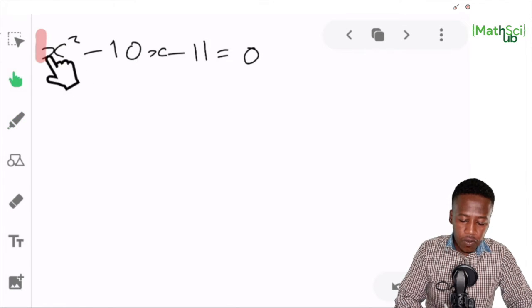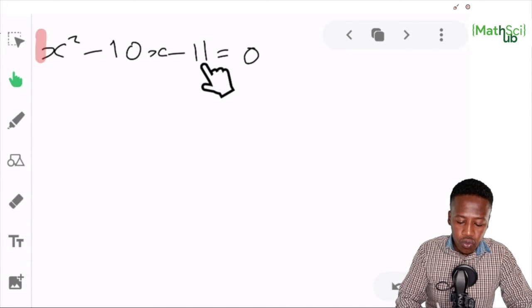In this case we have 1. Let's say we had 2 as our coefficient. The first thing you would do is divide everything else by 2, because you need to get 1 here before you start. But now it's much simpler because our coefficient in this case is 1.